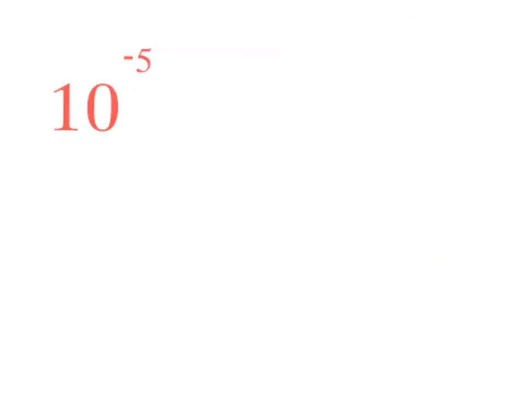The last little bit, in this particular unit, they're going to give you some form of 10 to a negative exponent. You're going to have to write both a decimal as well as a fraction equivalent. The fractions could look like 1 over 10 to the 5th. It could look like 1 over 10 times 10 times 10 times 10 times 10.